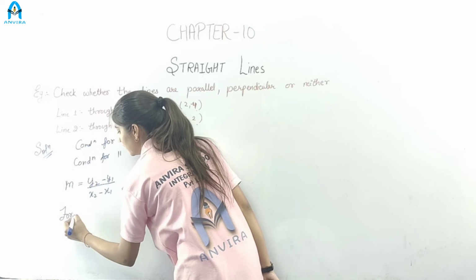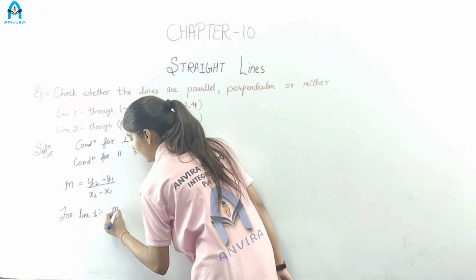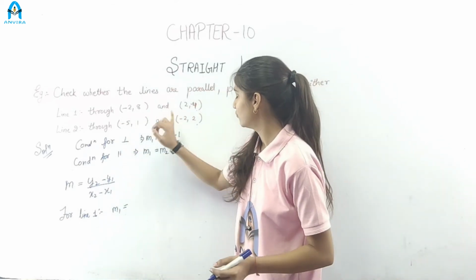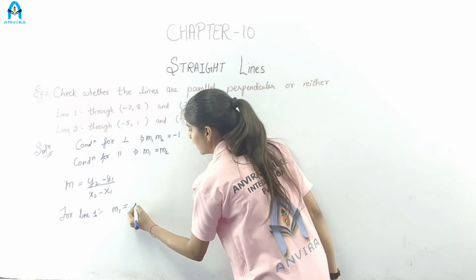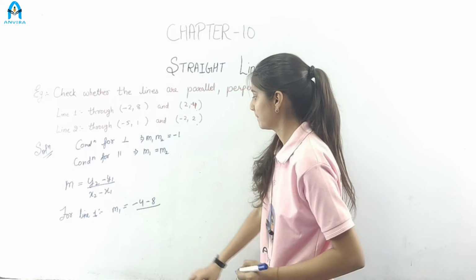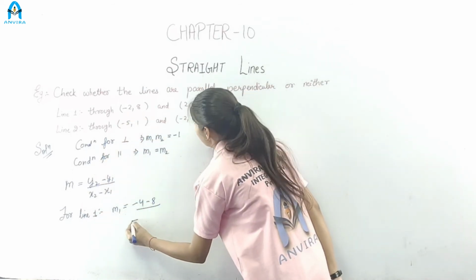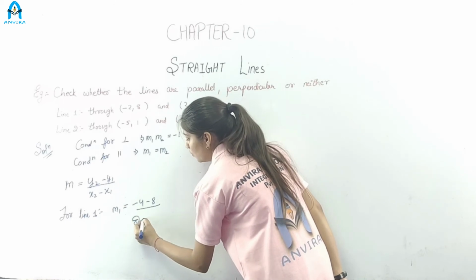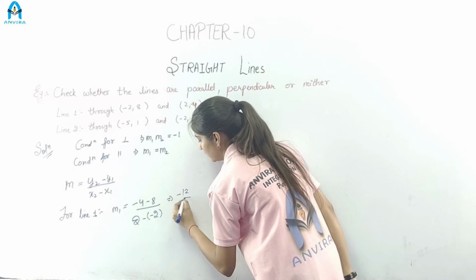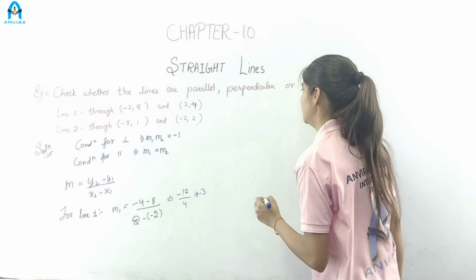For line 1, m1 is equal to y2 minus y1, that is minus 4 minus 8, divided by x2 minus x1, that is 2 minus (-2), which is minus 12 by 4, that is minus 3.